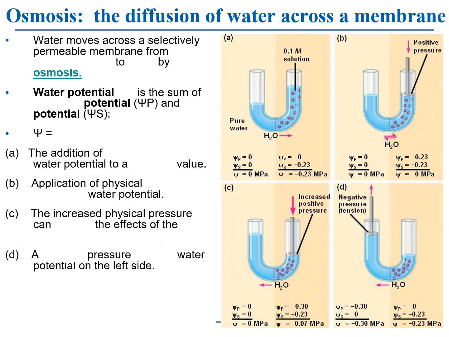Now let's focus on osmosis, which is a diffusion of water across a membrane. Water moves across a selectively permeable membrane from higher water potential to lower water potential. And this process is osmosis. The energy of free-moving water molecules is the water potential.